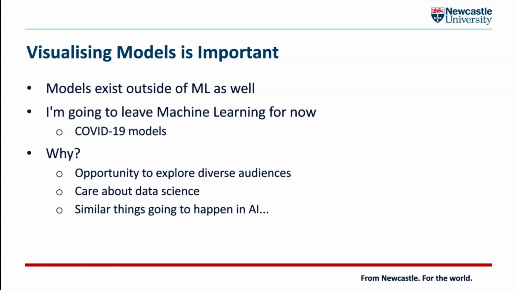During the pandemic, if you talked about things like R number, a lot of people would understand what that meant, or they had an intuition about what that meant. So it was an opportunity to explore essentially data science with diverse audiences. And I'm thinking a lot of this stuff can happen with AI, but I haven't figured out how to do it yet.